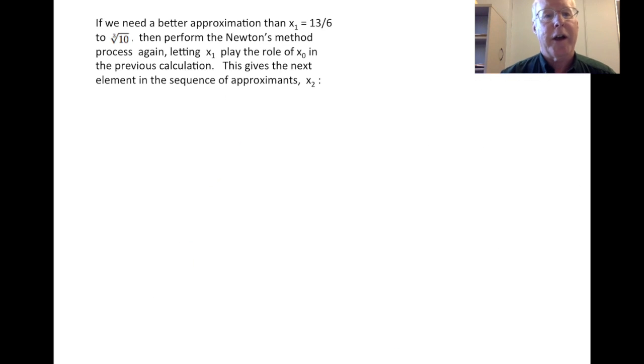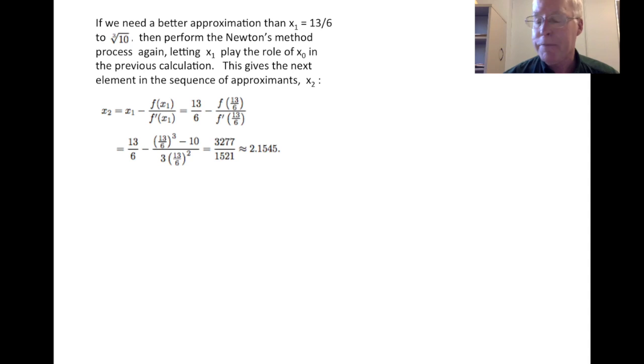So let's do this one more time. If we need a better approximation than x1 equals 13/6 to the cube root of 10, we can perform Newton's method once again. This time we let x1 play the role of x0, so that's our input, and the output will give x2. So our calculation would look like this.